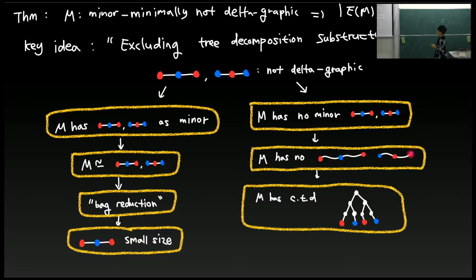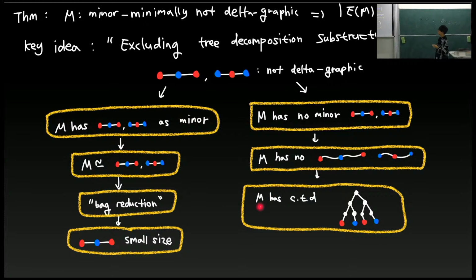Similarly, there is no path between blue vertices such that at least one of the internal vertices is a red vertex. If we can find such a structure in the 3D composition of M, then by taking a path contraction operation, we can find this structure. So it is a contradiction.